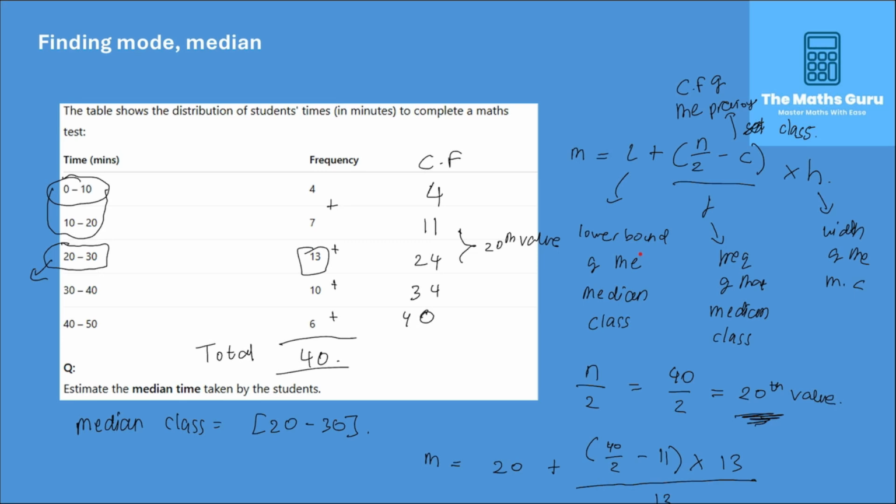So plugging this into our calculator, we get 29.